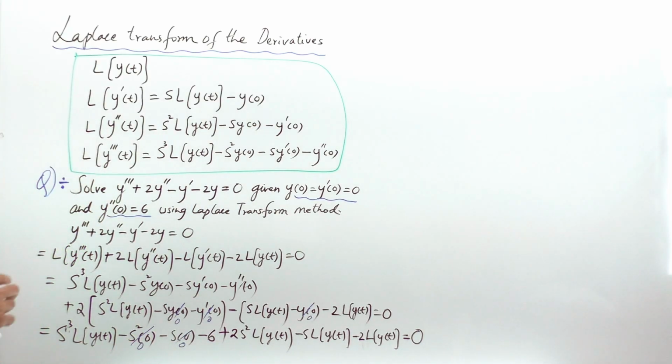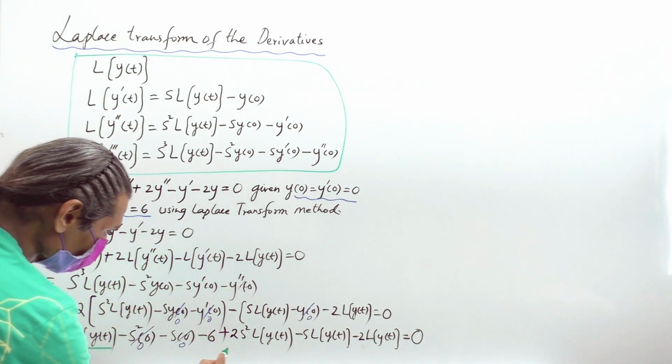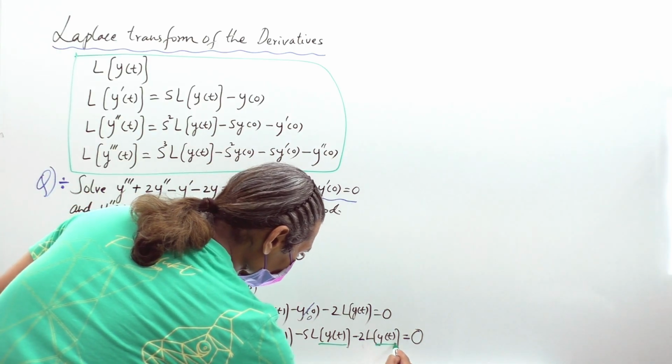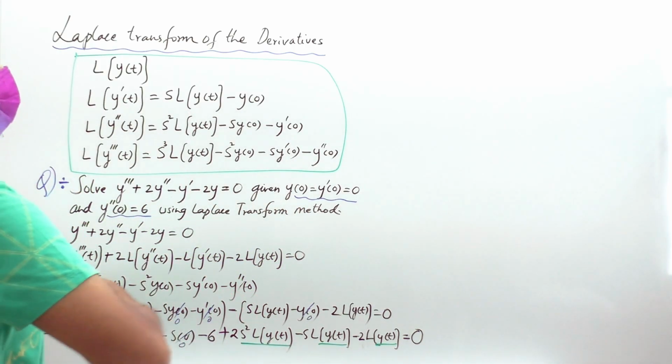So next very important step, what we are going to do is group all L{y(t)} on the left side and the rest, all remaining, on the right side. So let's do it here.